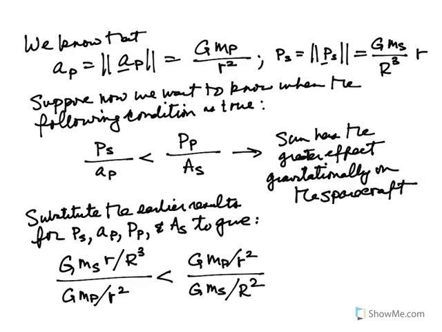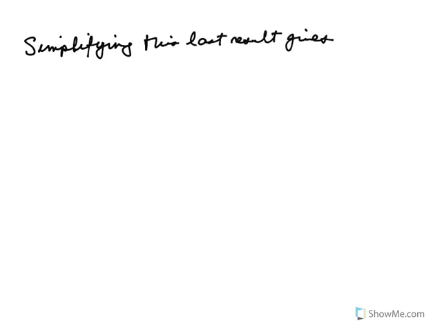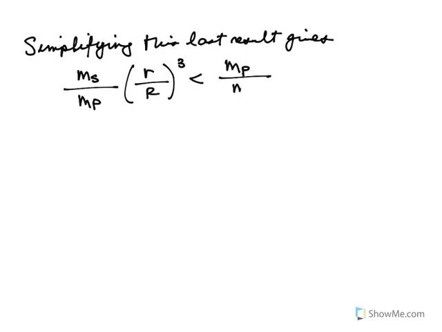So now let's simplify that result. It gives the following: the mass of the sun divided by the mass of the planet times r divided by big R cubed is less than the mass of the planet divided by the mass of the sun times big R divided by little r squared.